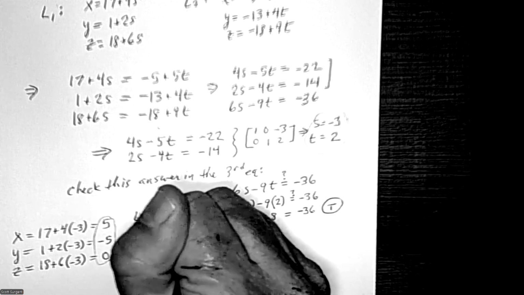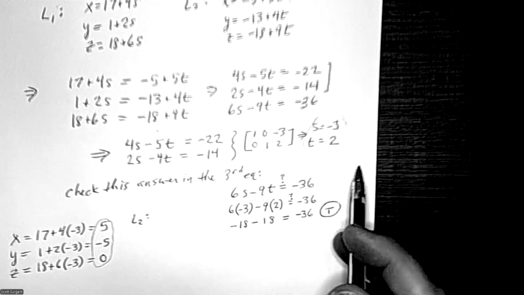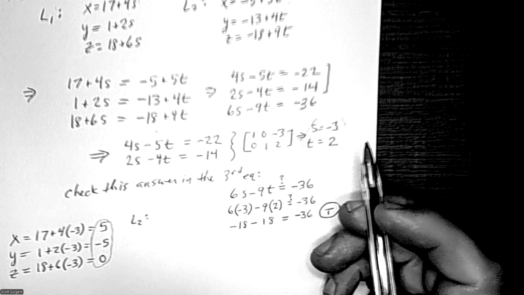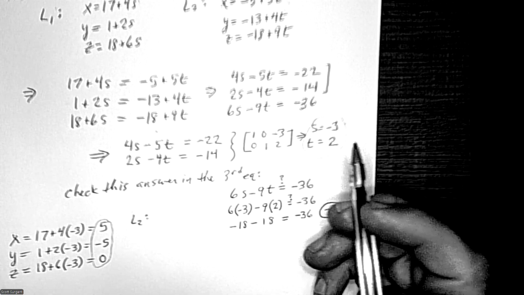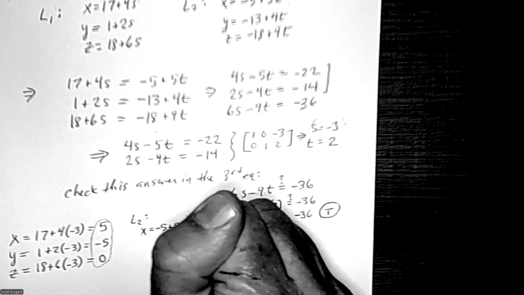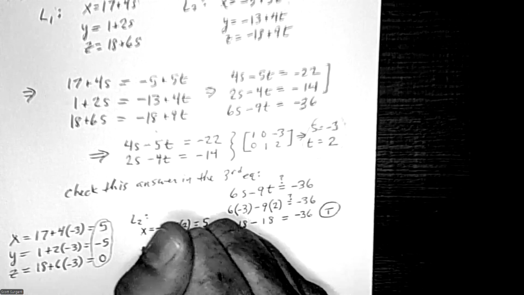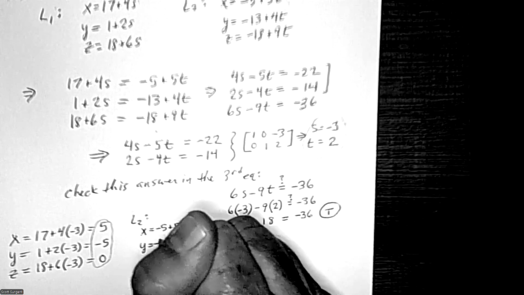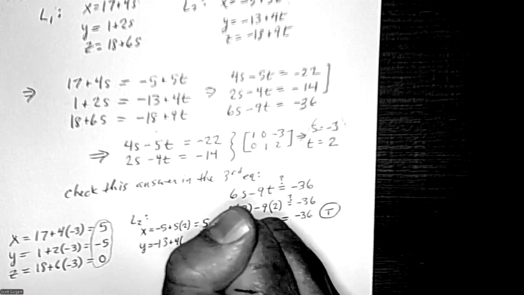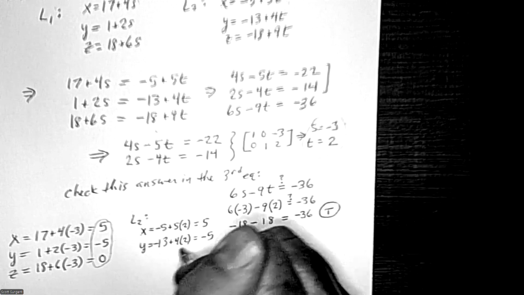You can check it if you want by doing line 2 and using parameter t equals 2. Let's try it out. x equals -5 plus 5 times 2, that's -5 plus 10, which is 5. y equals -13 plus 4 times 2, that's -13 plus 8, which is -5.